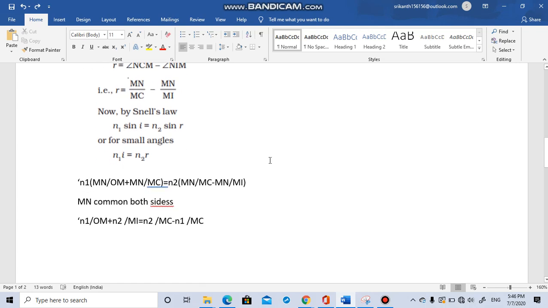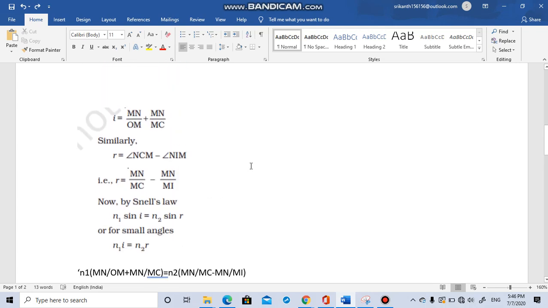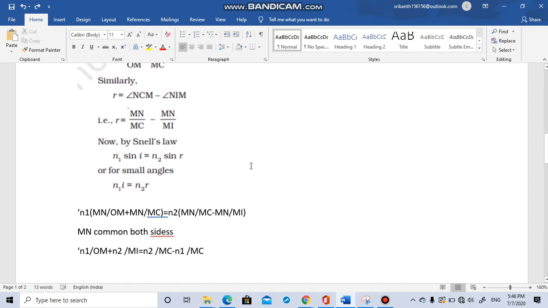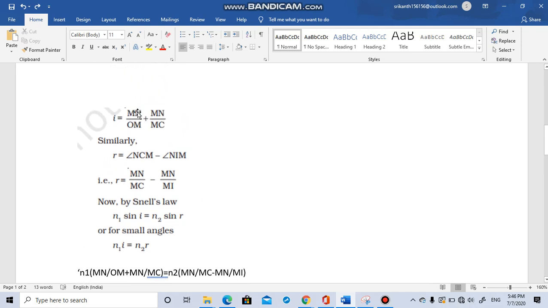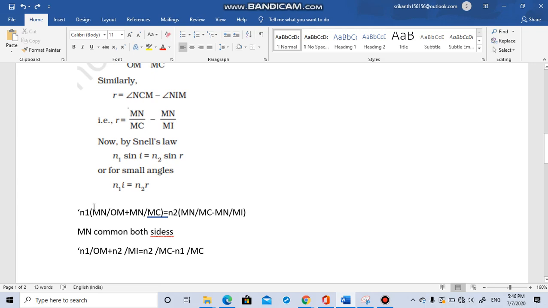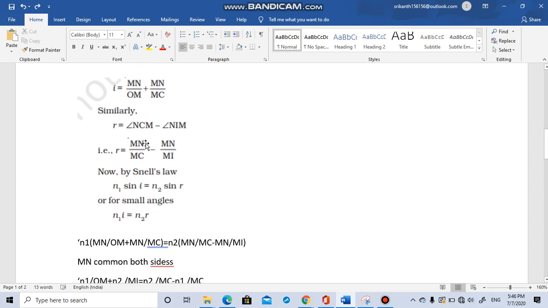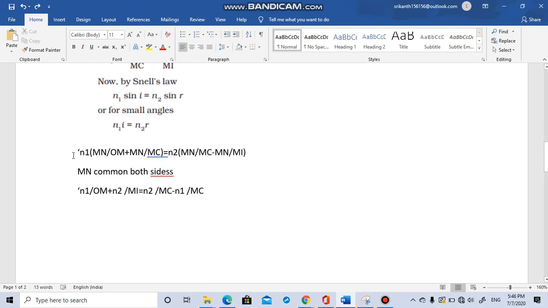Now from here we need to solve it. So for solving, we will put in the values of I and R. I value, what we have got, this MN by OM etc., we will substitute here, and R value we will substitute this MN by MC value in the right hand side. You can see here that MN is common on both sides, so just cancel that. Then you bring the MC terms to the other side and all other terms this side.